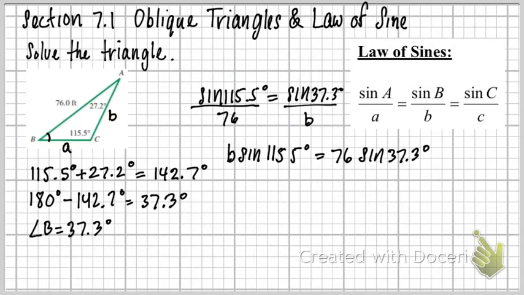So here it is. Another thing to keep in mind here is the sine of 115.5 degrees and the sine of 37.3 degrees. I don't really know those exactly, so we're going to use our calculator for those. Just make sure you're mindful of the mode. It has to be in degrees in order for this to work. When you punch those in, you're going to get some decimal approximations, so don't drop any digits.